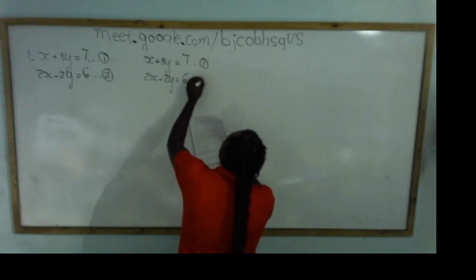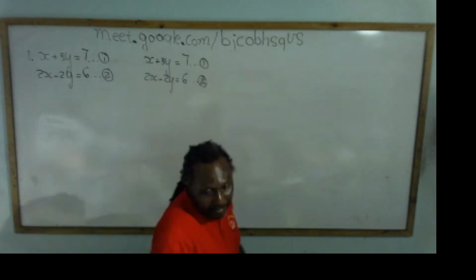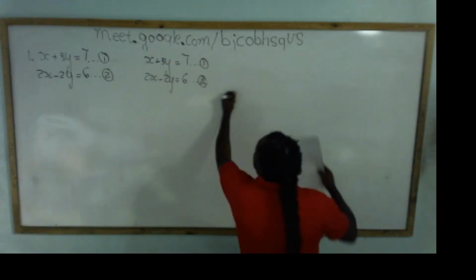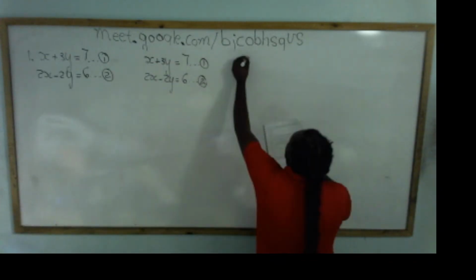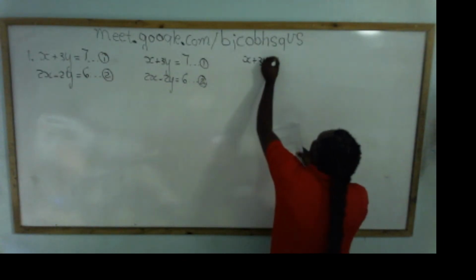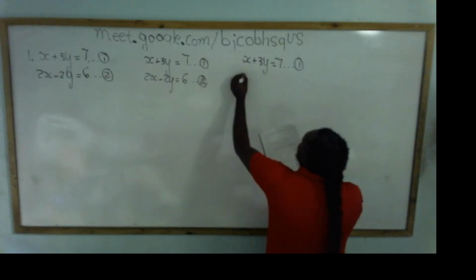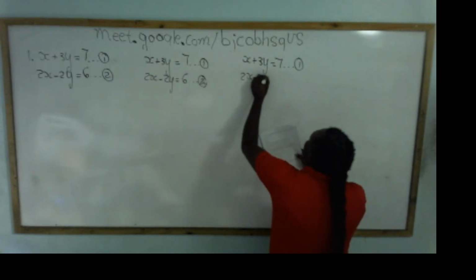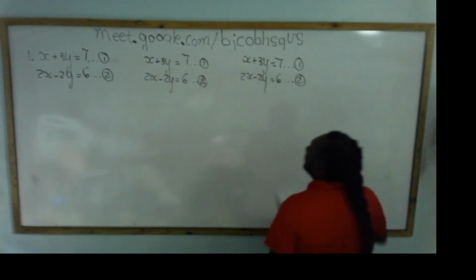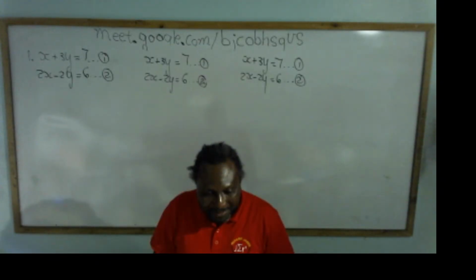And I'm going to see how far I will go into the glare and try to put another one there. x plus 3y is equal to 7 and 2x minus 2y is equal to 6. There we go.